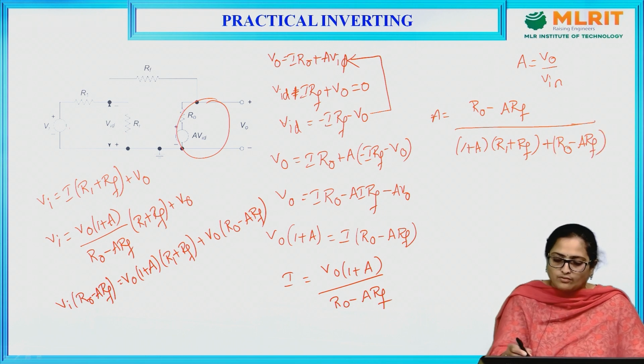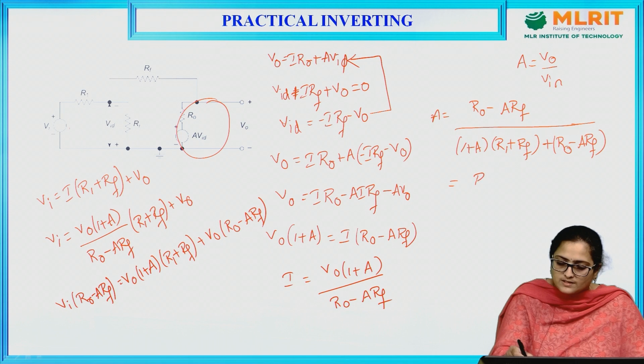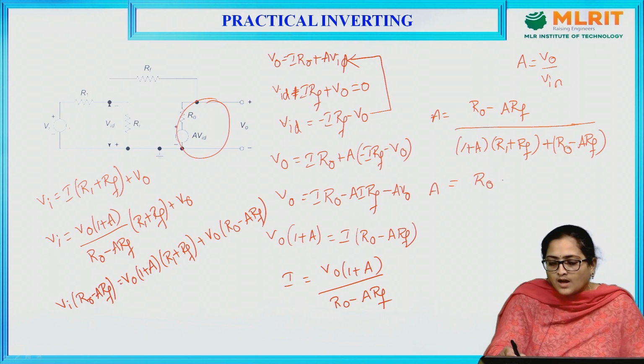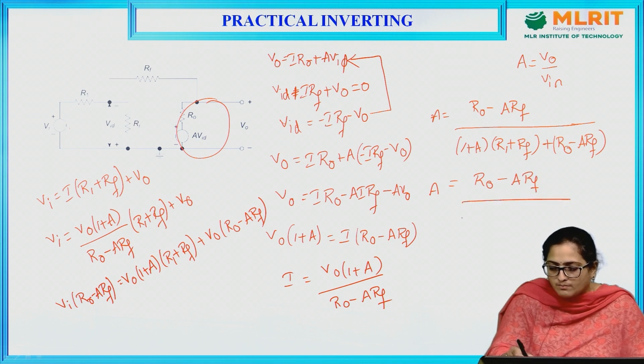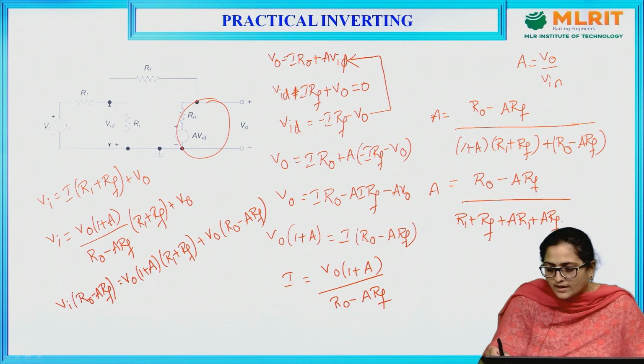This again, if you simplify, the gain is given as A is equal to (R0 minus A into RF) divided by R1 plus RF plus A into R1 plus A into RF plus R0 minus A into RF.